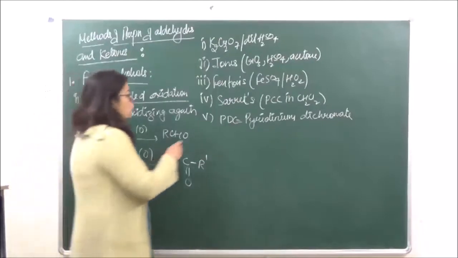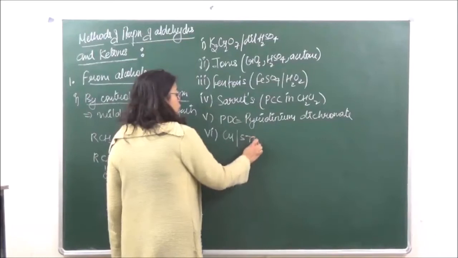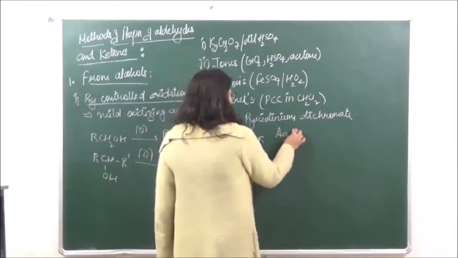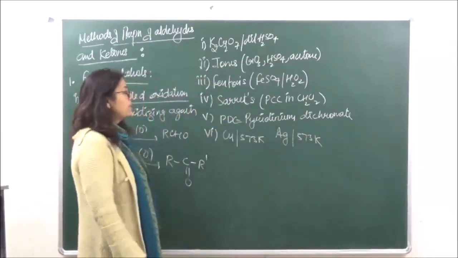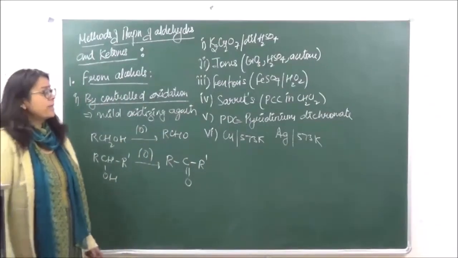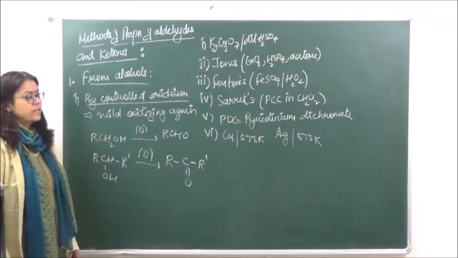Then we can also use copper at a temperature of 573 Kelvin, or silver at the same temperature of 573 Kelvin. The reactions with copper and silver are better known as dehydrogenation reactions rather than oxidation reactions.